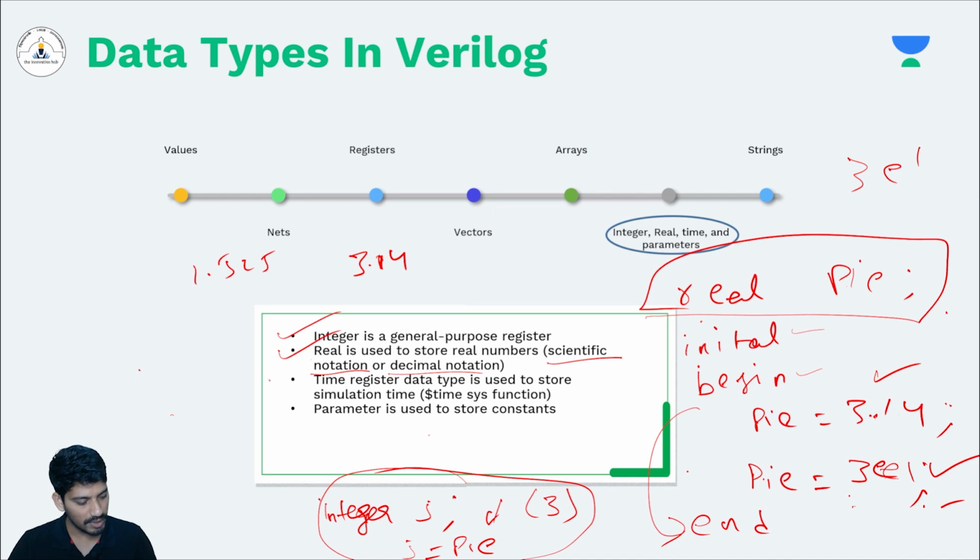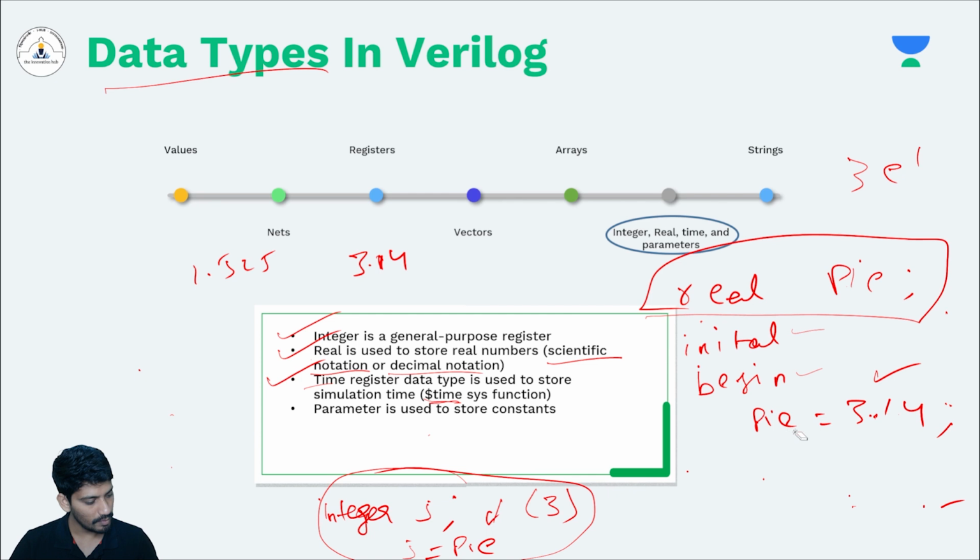Now we'll see the data type called time. The time data type is used to store the simulation time. For this, you will require a system function called $time. So how to use the time data type?